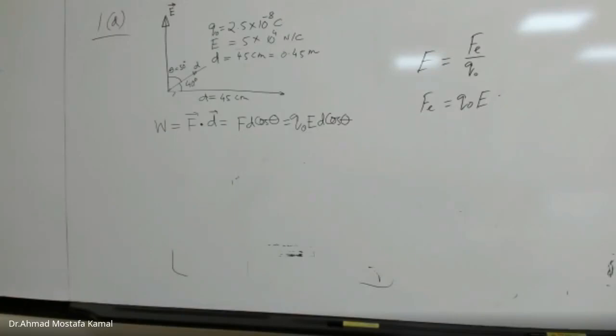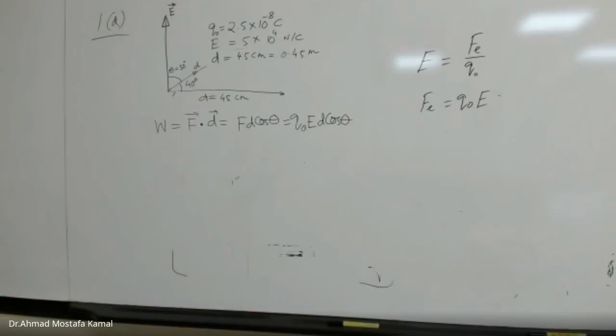What is an equilateral triangle? What is the meaning of it? All sides are the same, and it is 1 meter. Simply, the side is 1 meter. What is the potential energy of the system?